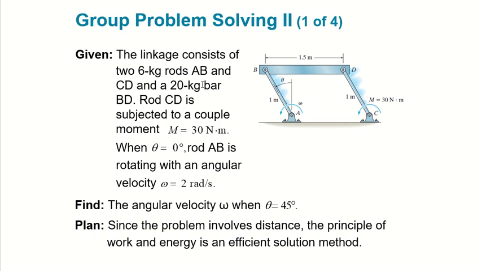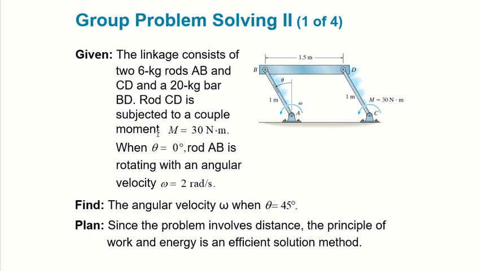The next one, you have a linkage right there, and you have 2 kilogram rods, AB and CD, and a 20 kilogram bar, BD. So rod CD is subjected to a couple moment.